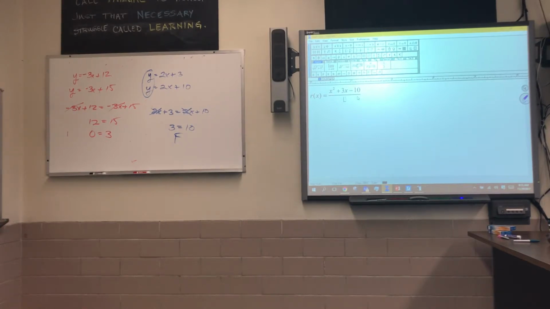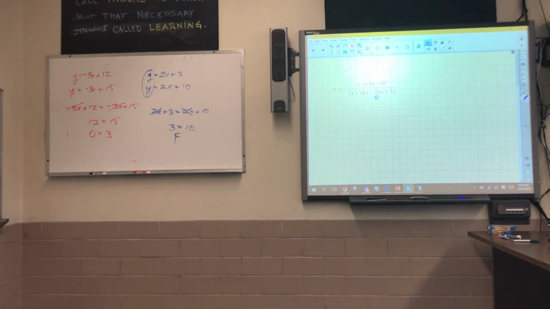On the bottom, let's go x plus 1, x minus 3, x plus 5. Okay, so we're looking at that function.